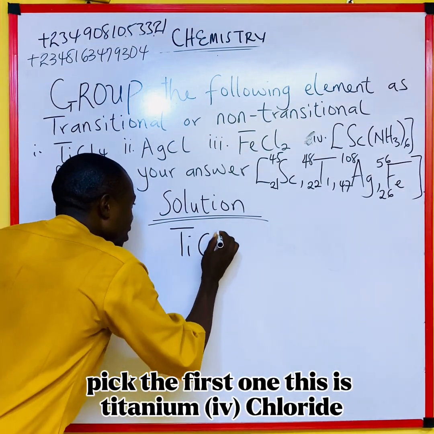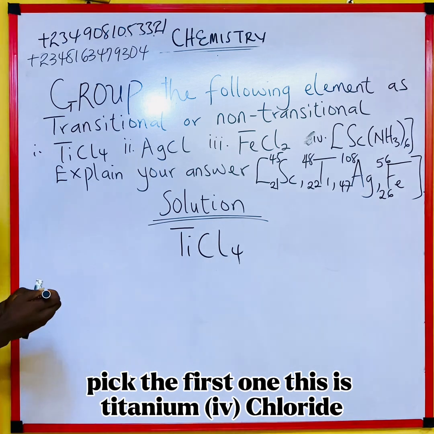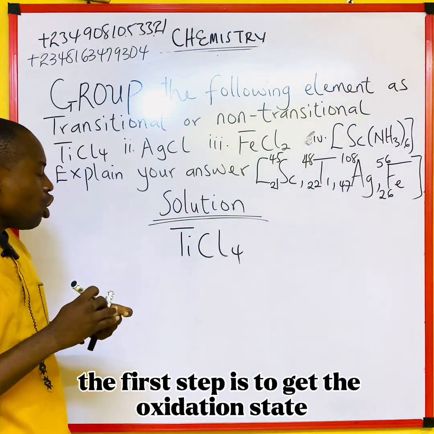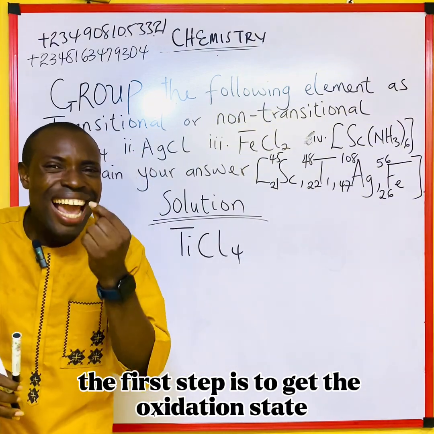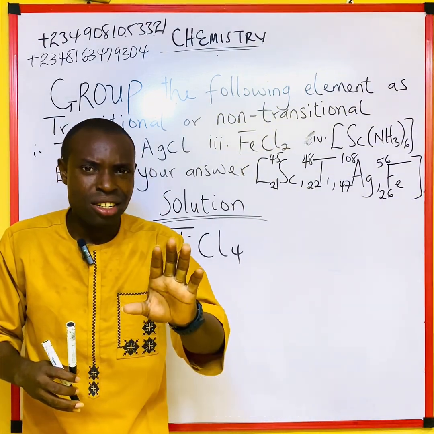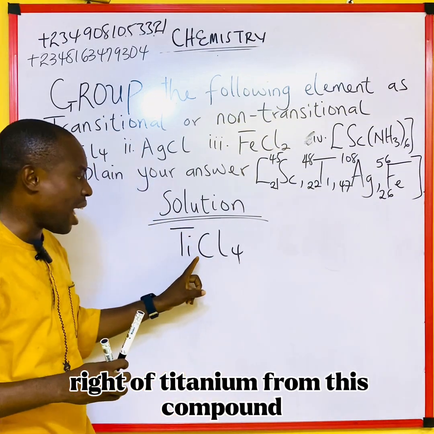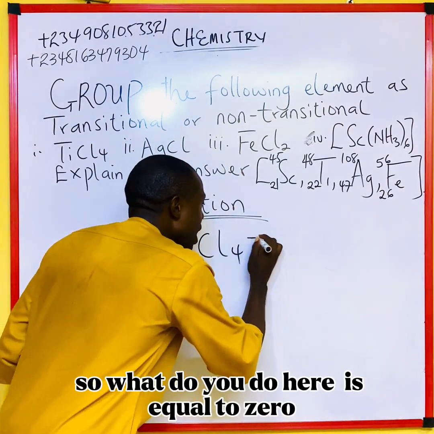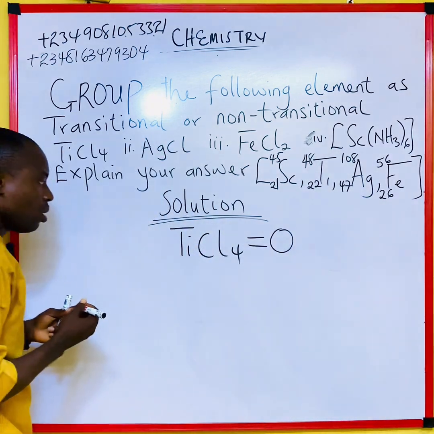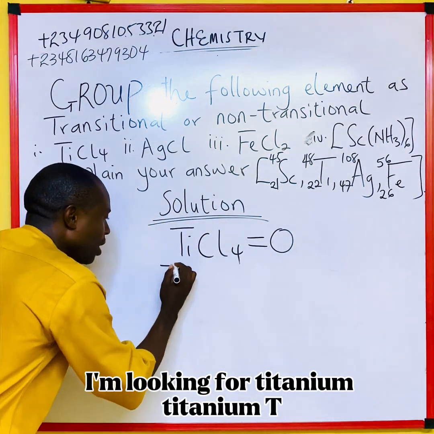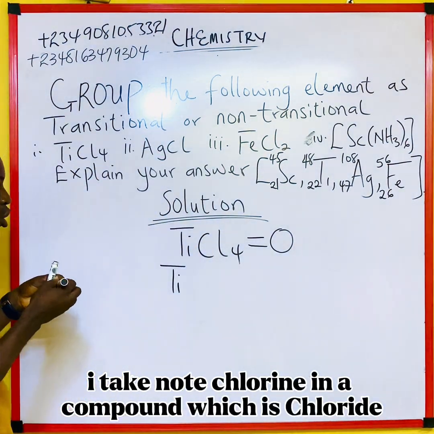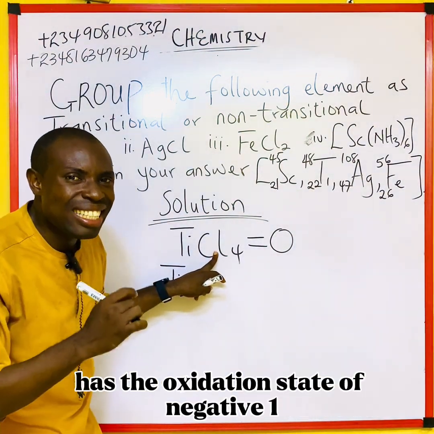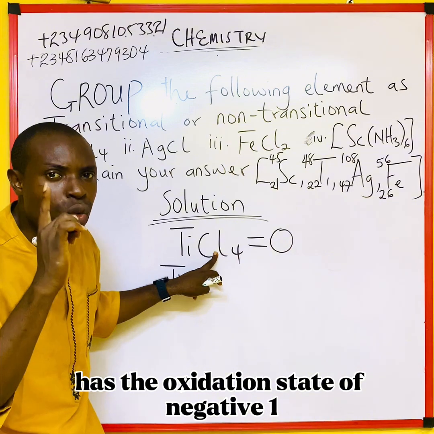This is titanium 4 chloride. The first step is to get the oxidation state of titanium from this compound. The overall charge is equal to 0. I'm looking for titanium, Ti. Take note, chlorine in a compound, which is chloride, has the oxidation state of -1.